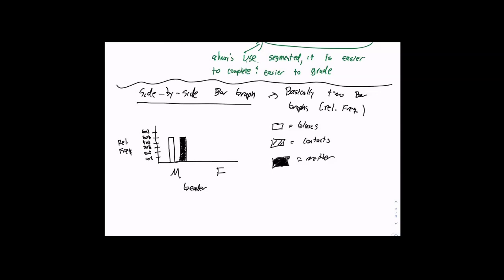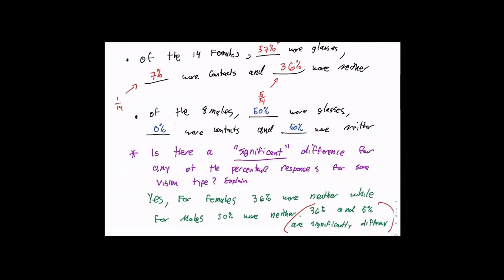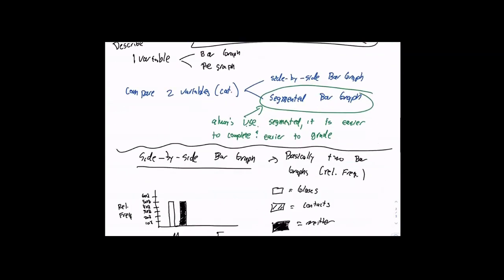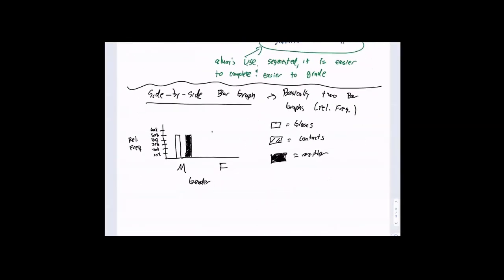Now, let's do the same thing for females. For glasses, what percent wore glasses for the females? That's 57%. So it goes a little bit higher up to here. And what percent were contacts? About 7%.